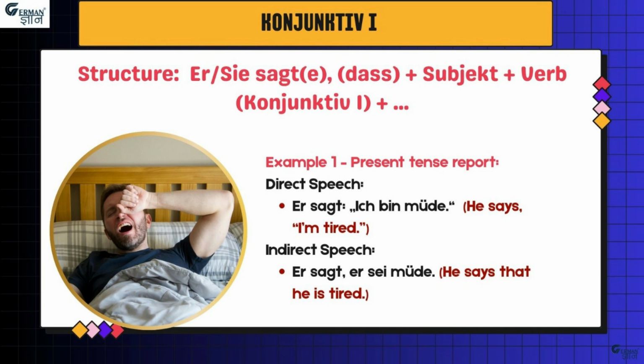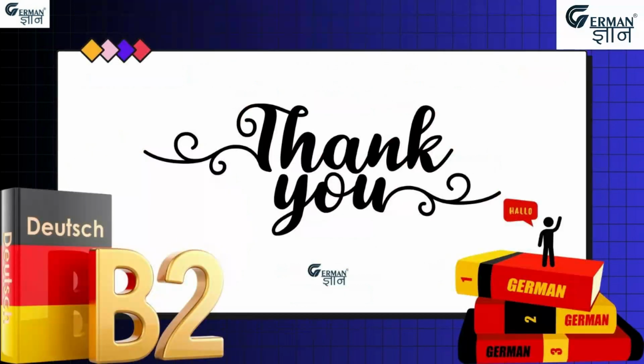For example, in direct speech we say Er sagt, ich bin müde, but in indirect speech you say Er sagt, er sei müde. So here sei is the conjugation of sein in Konjunktiv I form, so you have to follow the same pattern.